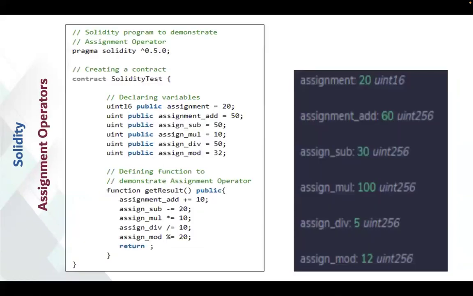Here's an example contract that demonstrates the usage of assignment operators. As you can see here also, we have this contract, which is SolidityTest. In this contract, we initialize the variables with some values and then use assignment operators to modify their values in the getResult function. Here, this is the getResult function.